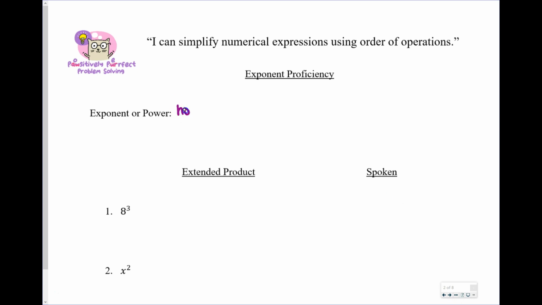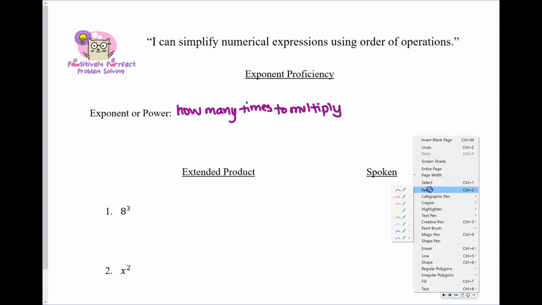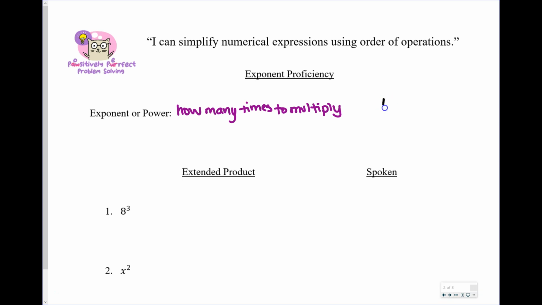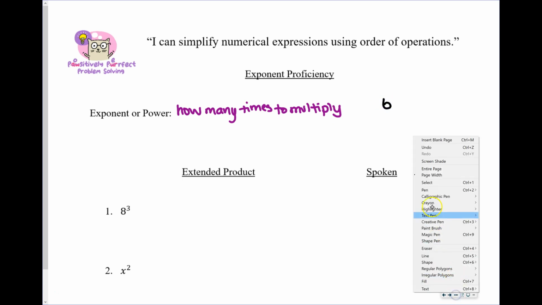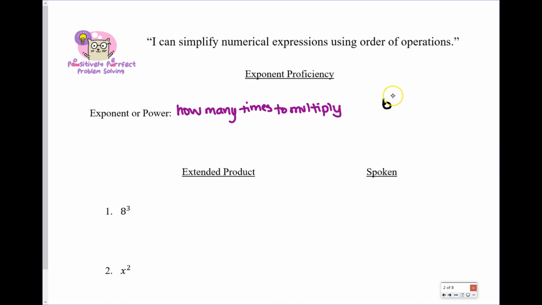saying how many times to multiply. What I mean by that, if I have the number 6 and I have an exponent of 3, that is saying that I want to multiply 6 3 times.